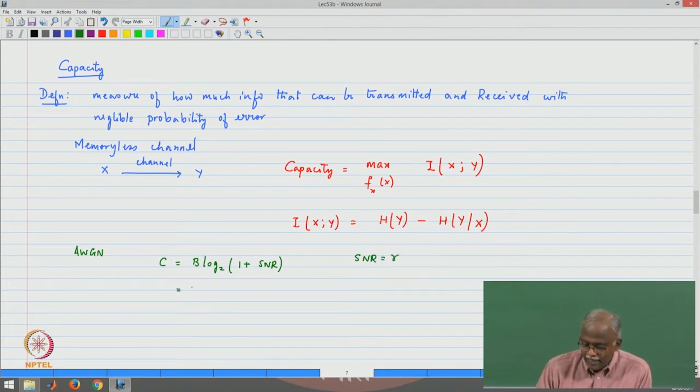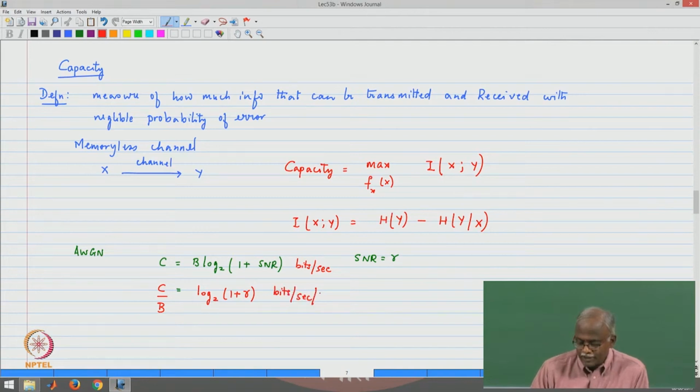The units for this will be bits per second, and sometimes we find it more convenient to represent it in terms of a normalized capacity. So, C divided by B, per unit bandwidth, is given by logarithm base 2 of 1 plus gamma, where the units will now become bits per second per hertz.